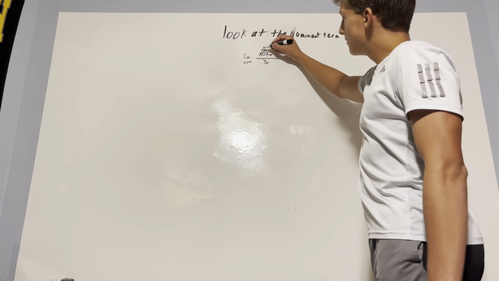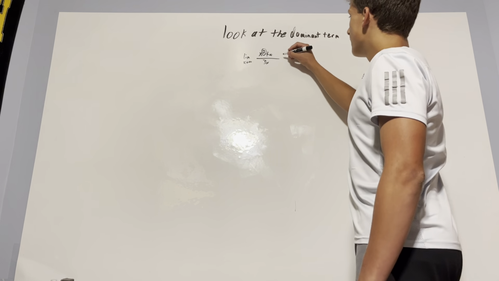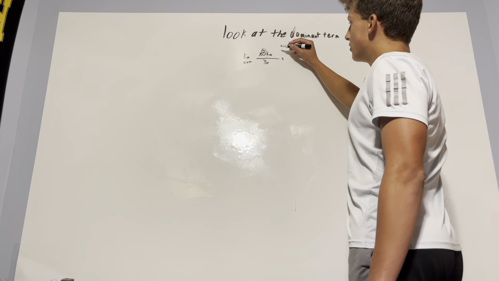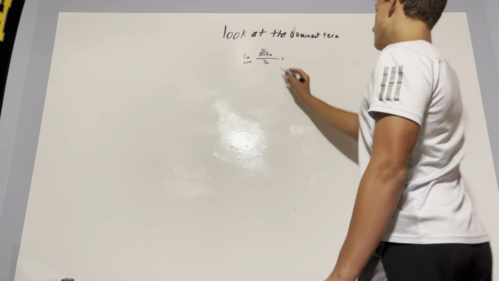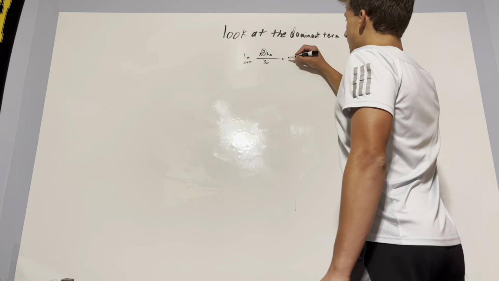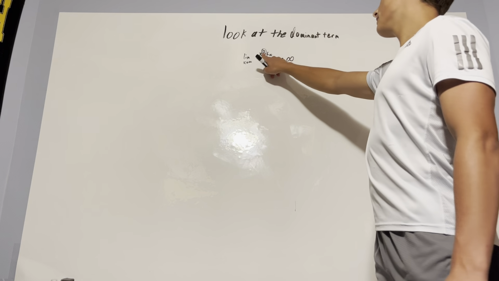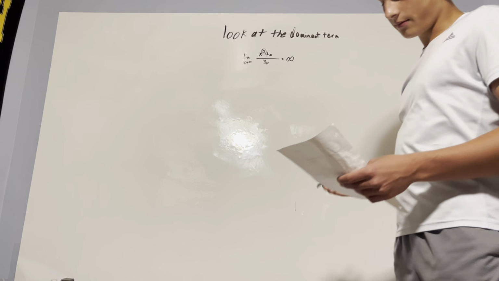Well, now since we have the higher power on the top, it is going to be infinitely larger than the bottom. Therefore, we're going to have some much larger infinity term divided by a much lesser infinity term. And that is going to be infinity, because the greatest power on the top is greater than the greatest power on the bottom.